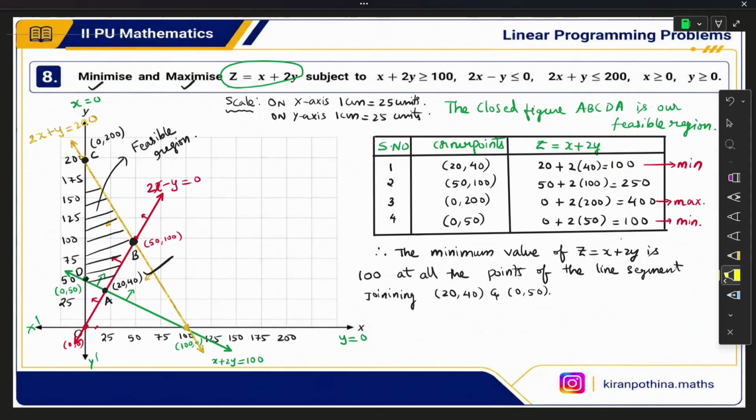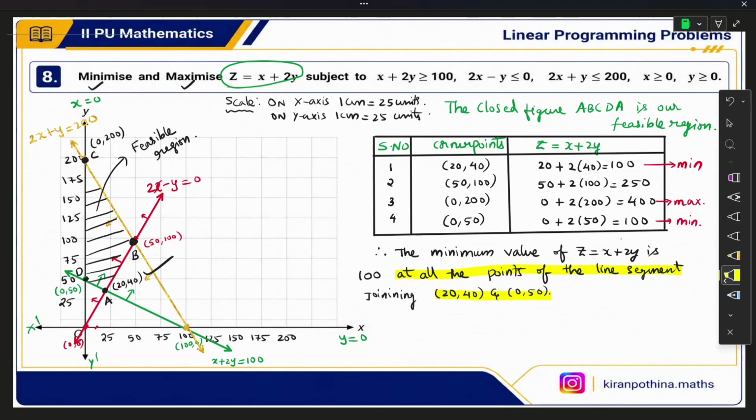Whenever you write like this, then only you will get the marks. So whenever you get it at 2 points, the minimum value of z equal to x plus 2y is 100 at all the points of the line segment joining 20, 40 and 0, 50. Whenever you mention this, then only you get full marks.